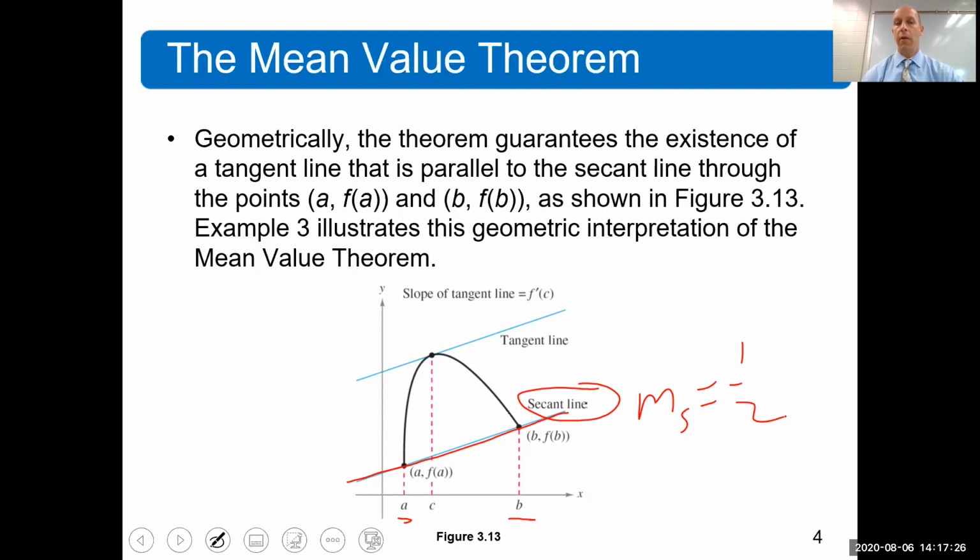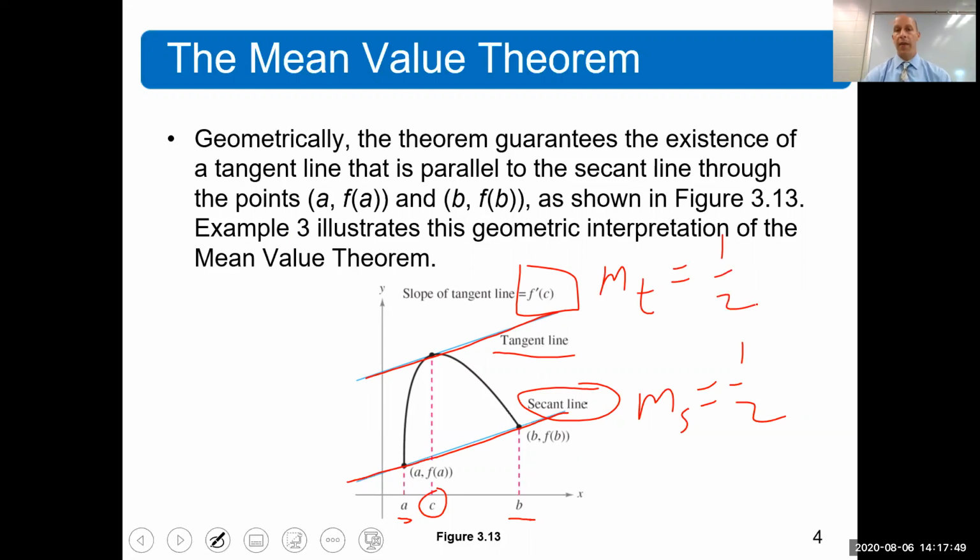The mean value theorem guarantees us that there has to be some value c between a and b such that the slope of the tangent line is also equal to that 1/2. So in this case, the slope, m sub t, is also 1/2.